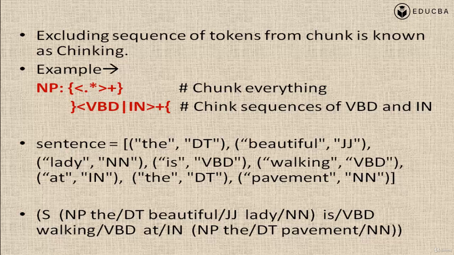Why? Because we are chinking the sequences of verbs and prepositions, like is walking at, the VBD and IN part. Since we are using chink sequences, we get the noun phrases the beautiful lady and the pavement. In this way you can apply the chinking process similarly to chunking.